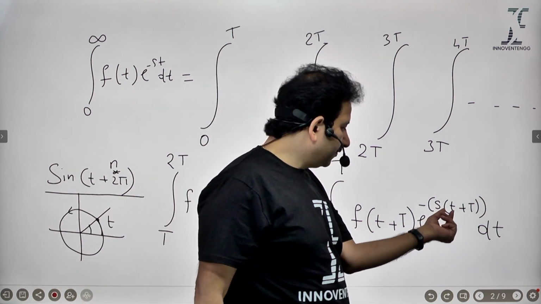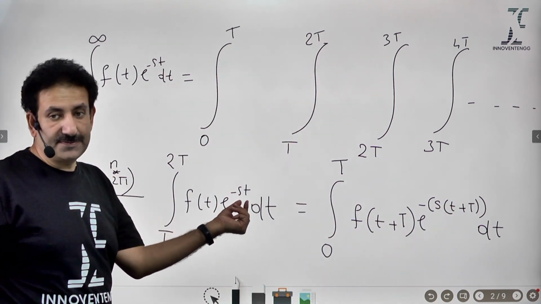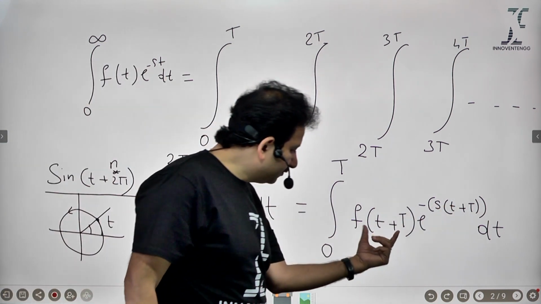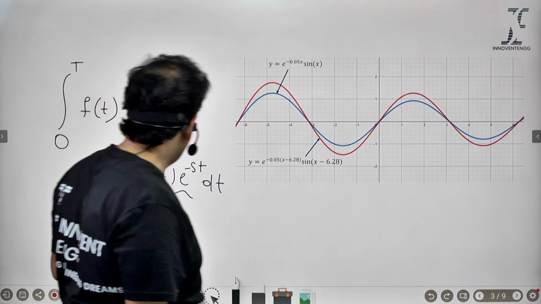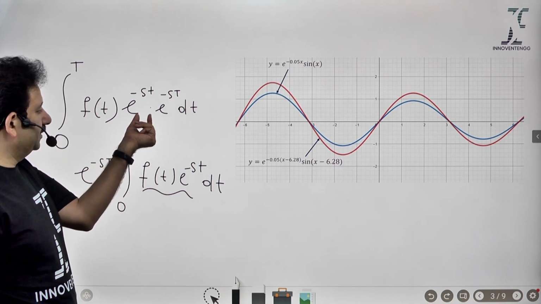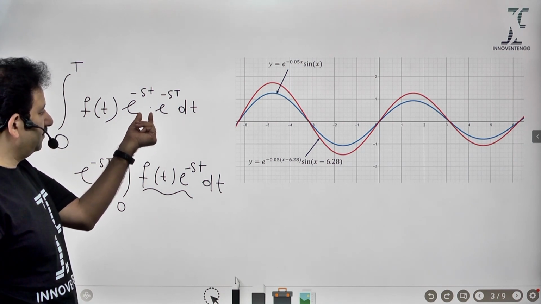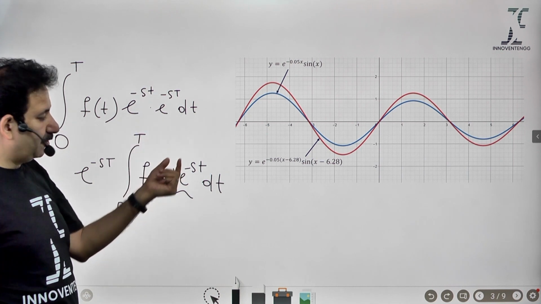And the same thing must be added to the t in the exponential function, and this becomes f of t, and this exponential function gets split into these two components. They multiply each other because when you have two exponential functions and multiply them, the powers get added, commonsensical, right?